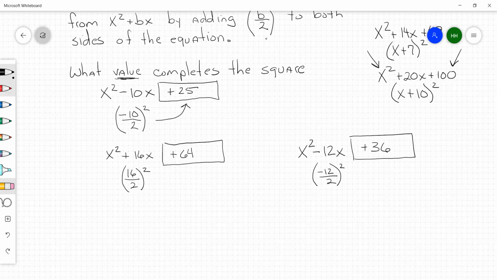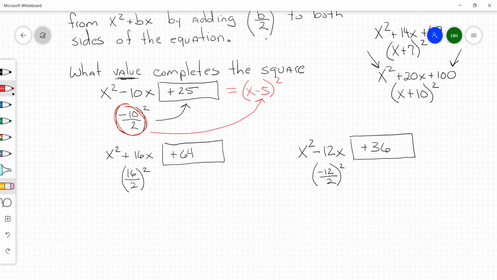And now while we're here, let's factor these. Your factors are whatever this is. This factored, x squared minus 10x plus 25, is x minus 5 squared. This value, whatever was in here, is this value. They're the same.